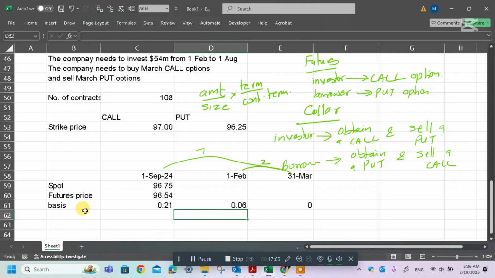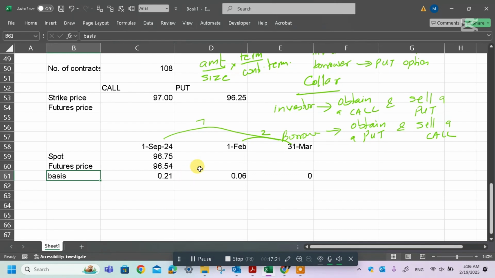So the exercise price is already given. I need the futures price on this date. I have to take 2 cases. Case 1, if the interest rate increases by 0.5%.